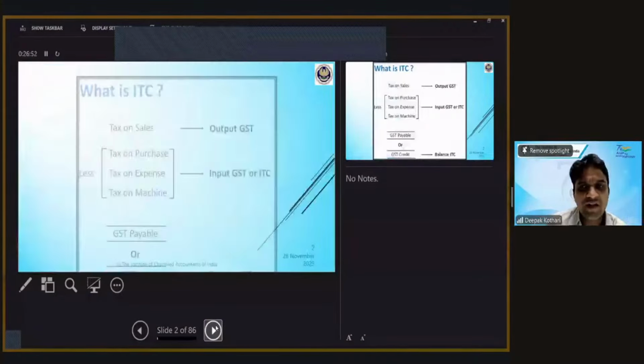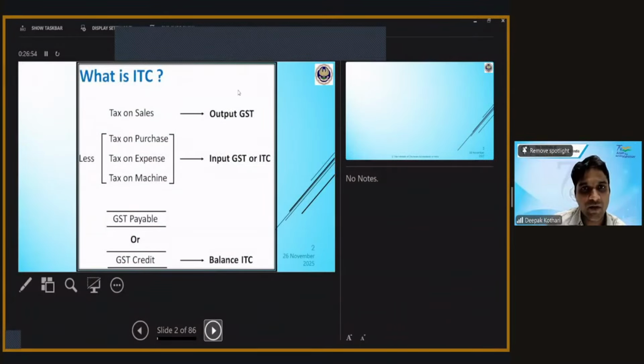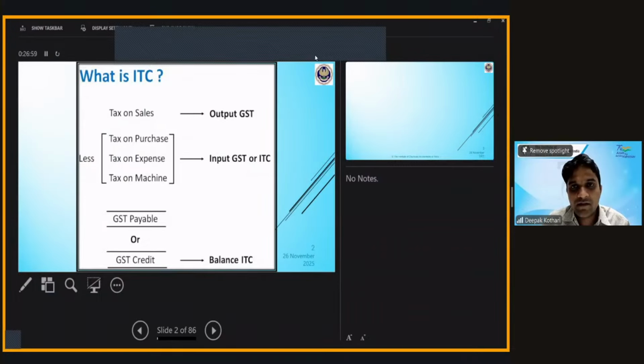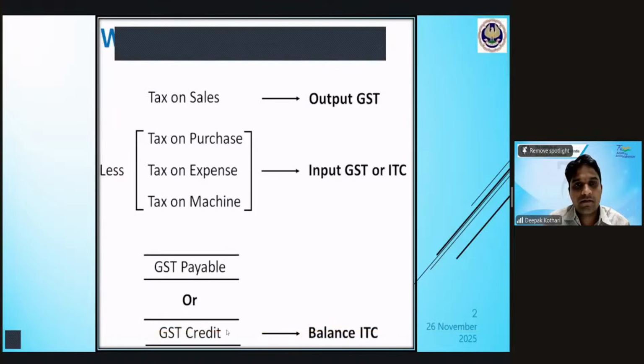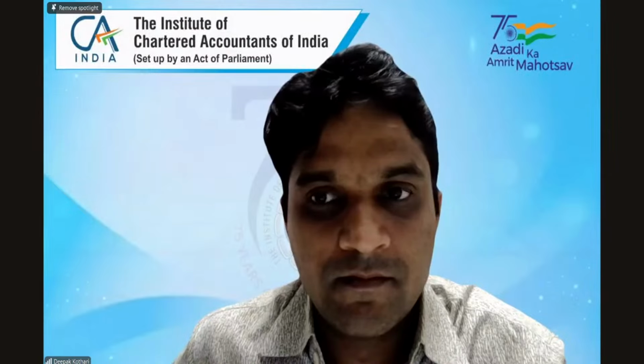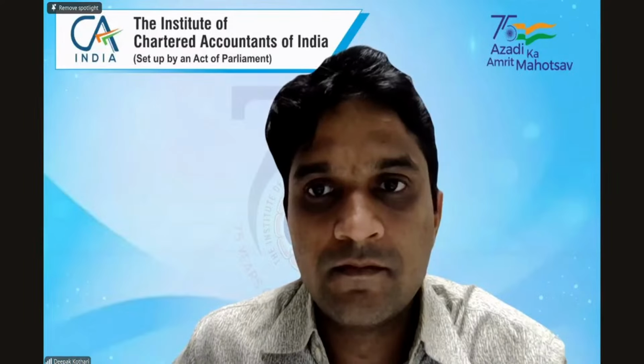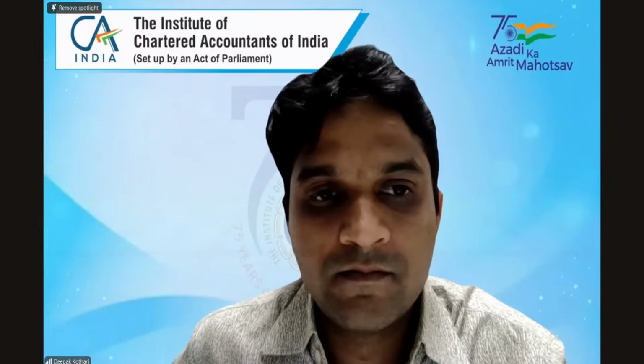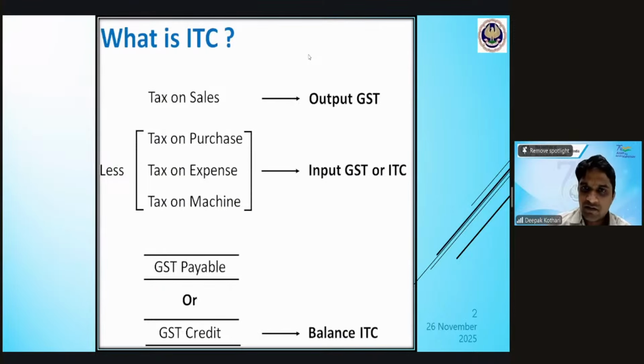Okay. So basics of ITC, we know that on the sale minus input tax credit, whatever is there, you will get the credit. Now, output minus input is your tax payable.